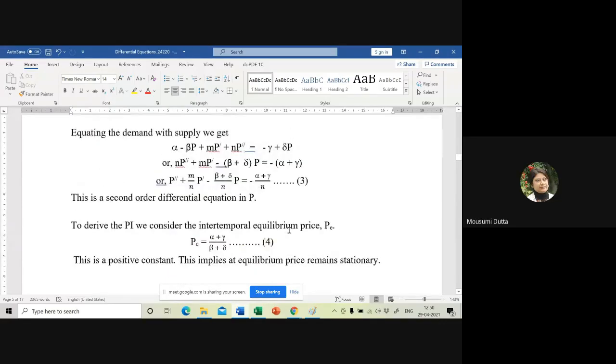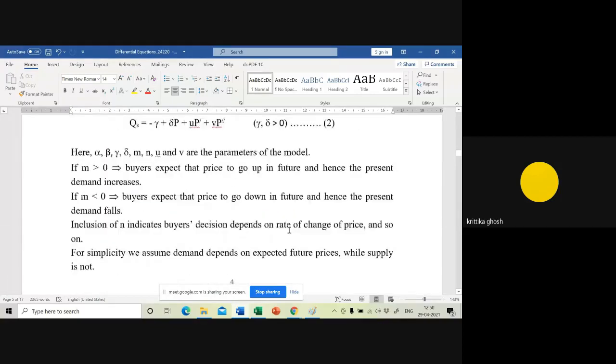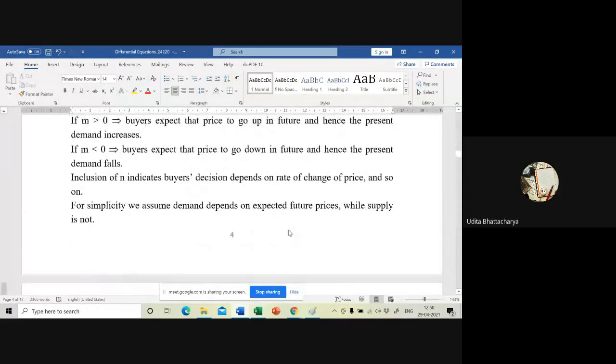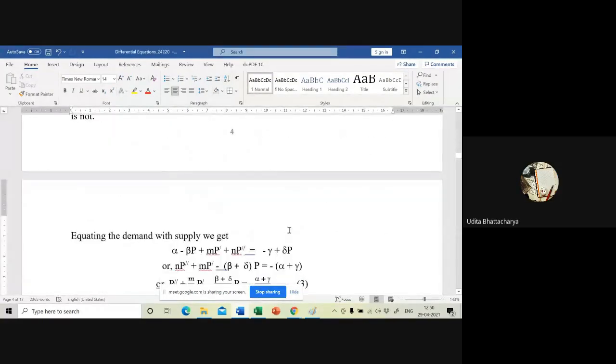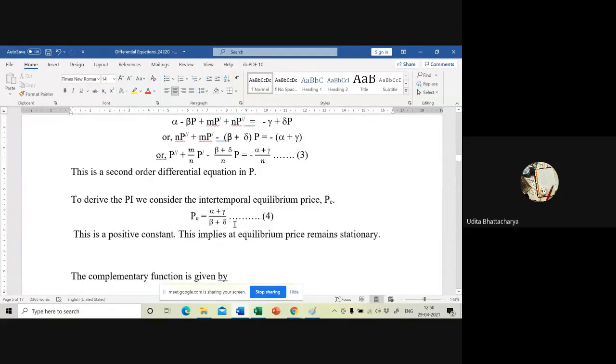Ma'am, she's talking about the intertemporal, the particular solution. No, ma'am, you don't need to scroll that high. I saw it. Yes, it's correct. It was equation number 4 of that. Yes, ma'am. Done. Thank you.